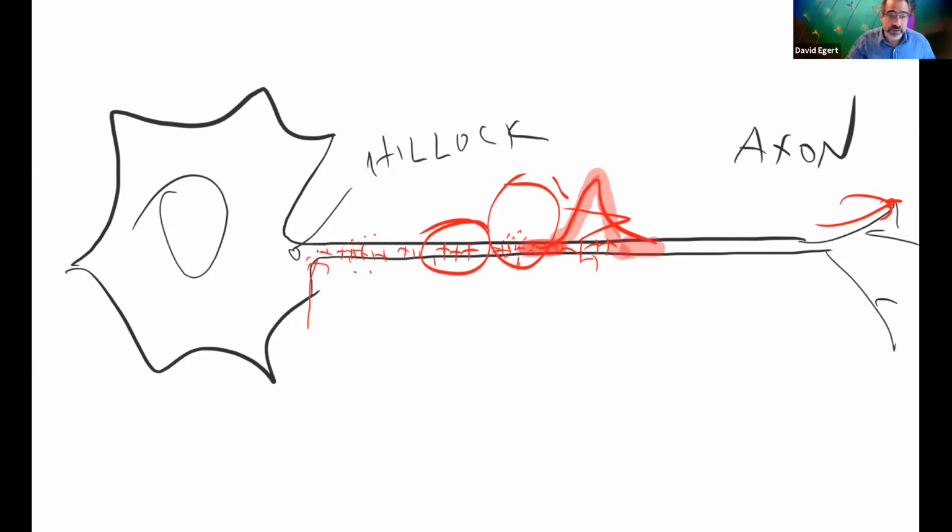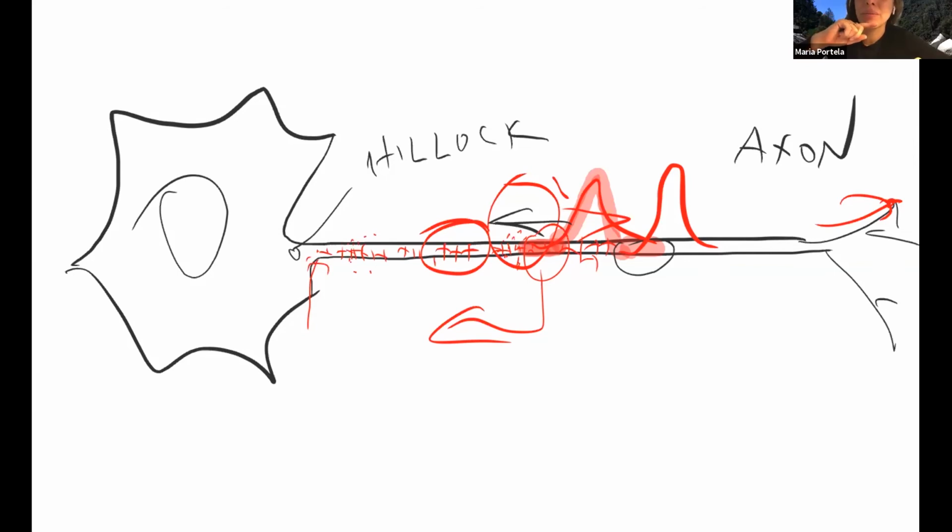How come the action potential doesn't actually re-excite the membrane from whence it came and start sending it back towards the cell body? Because of the inactivation of the sodium? Because of the refractory period? Yeah, exactly. It's the refractory period.